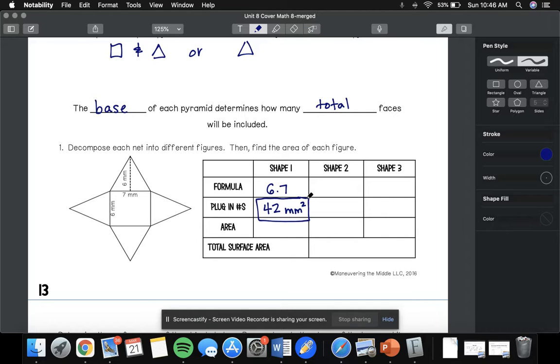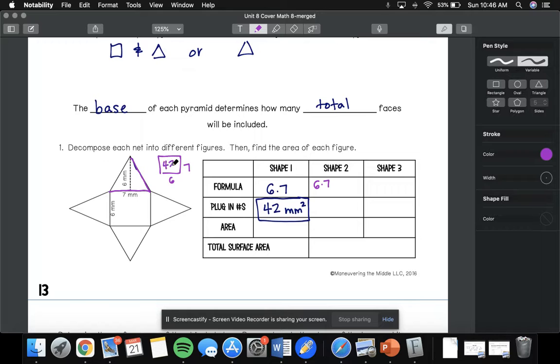Then we have our triangles, the ones that come to a point. First, let's do this one. I'm going to change colors. I have a 6 millimeter by 7 millimeter. When I multiply those, I get a rectangle, and I get 42.